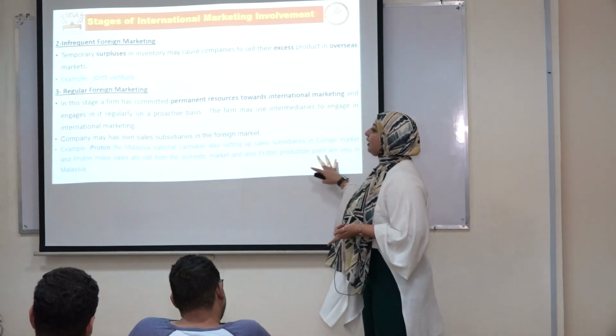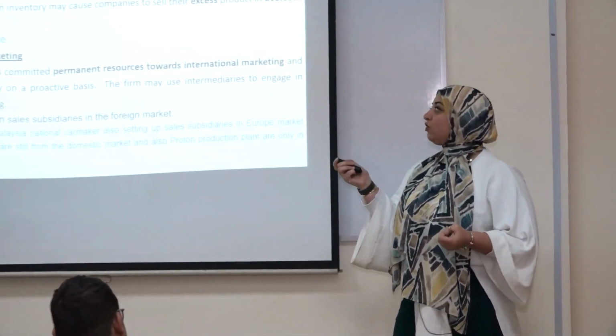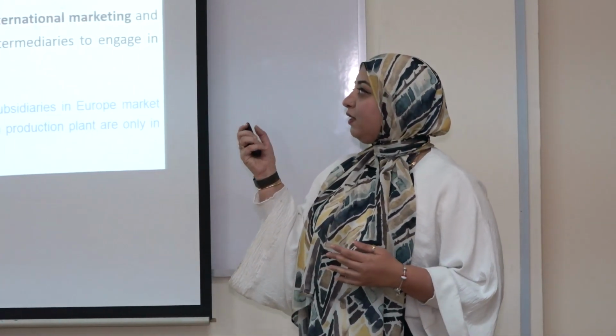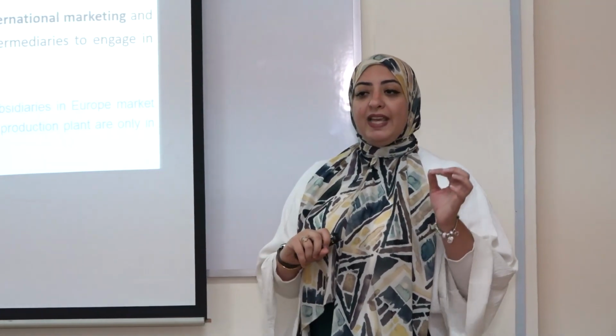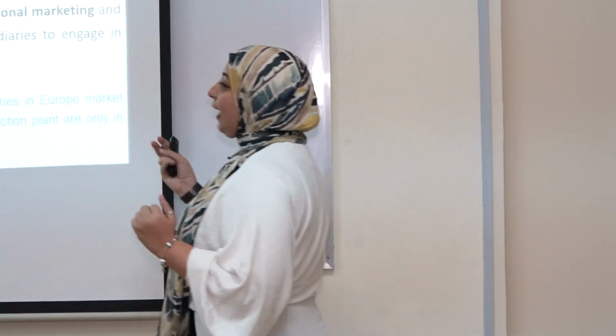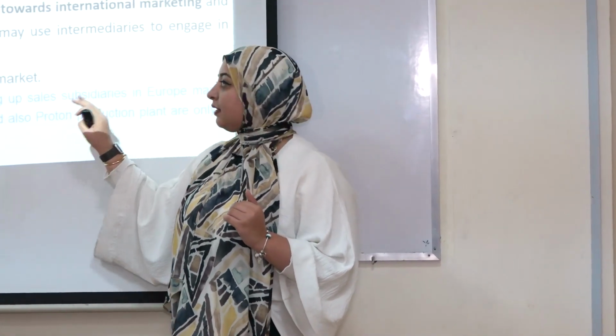And the third one is regular foreign marketing, in which we try as much as we can to commit permanent resources towards international marketing, which means we can engage in one country. We have our own place, our own resources, our own products in this market, and we might have our own sales subsidiary in this foreign market.